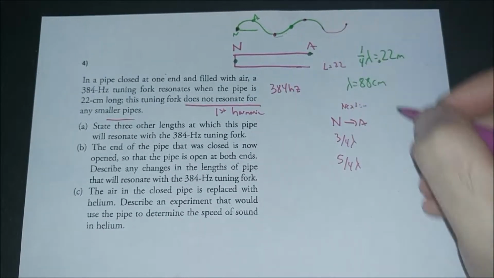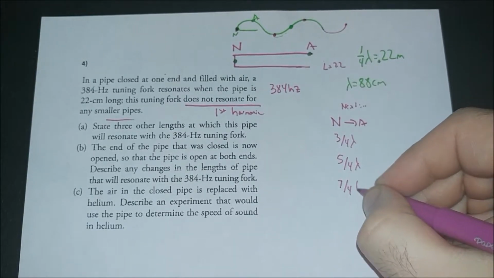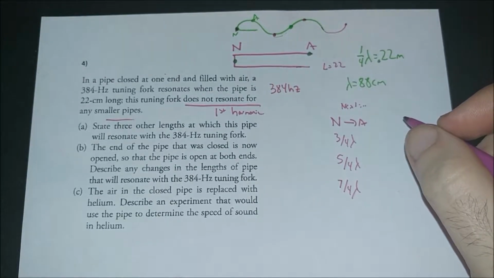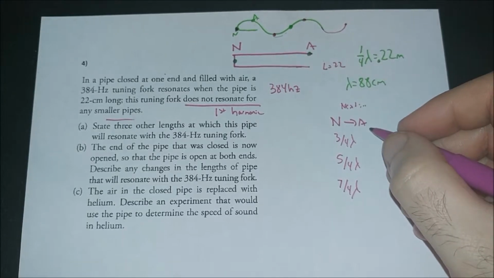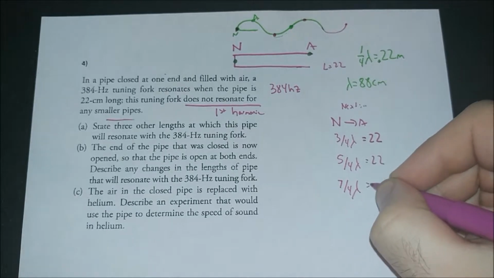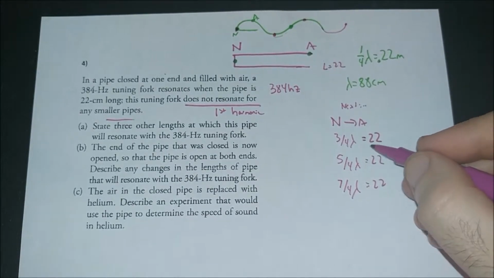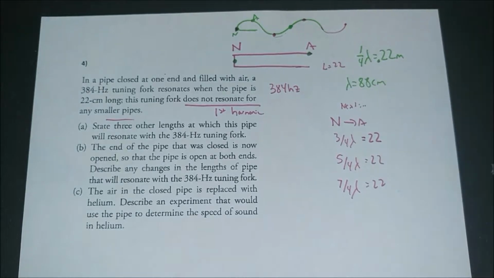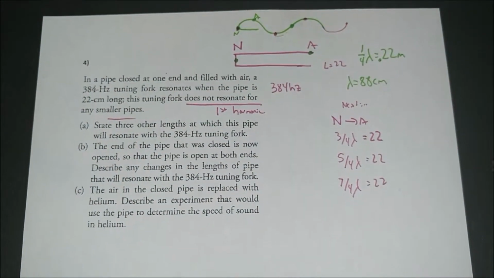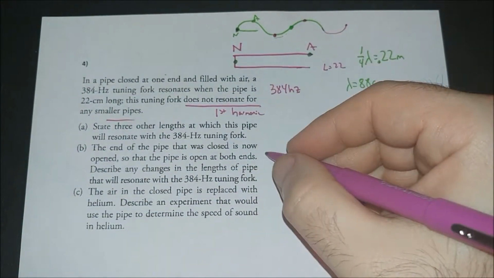And then, the next one would be another antinode away, which would be 5/4 of a wave. The next one would be 7/4 of a wave. See how it kind of goes up every time. So those are the wavelengths that would make the next ones. And you could solve for lambda in those cases, and that would be the length of the wave you want. I didn't do it because I just knew it would be 3/4, 5/4, 7/4. Again, the reason why is because I'm going to go from a node to antinode.